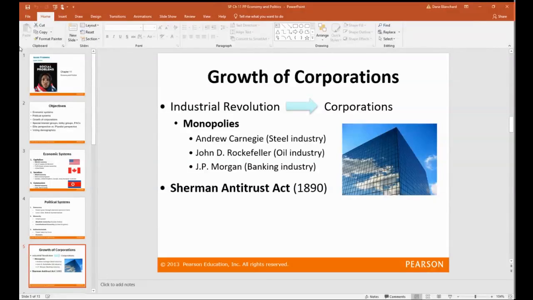So for example, Andrew Carnegie with Carnegie Steel, controlling the steel industry. John D. Rockefeller, controlling the oil industry. J.P. Morgan, controlling the banking industry. Monopolies are illegal. And in 1890, the Sherman Antitrust Act was put in place to break up monopolies.